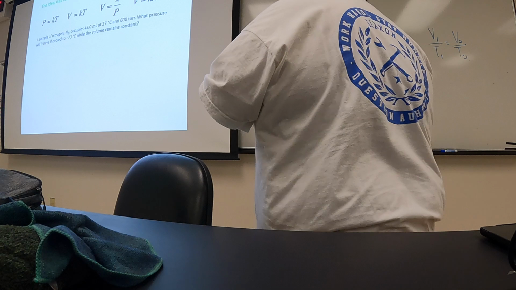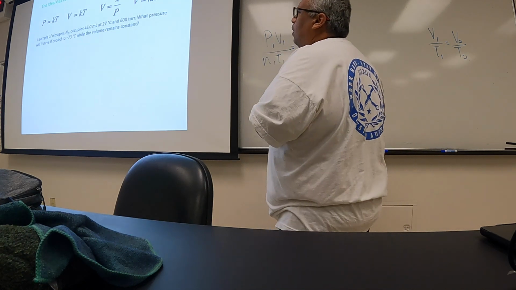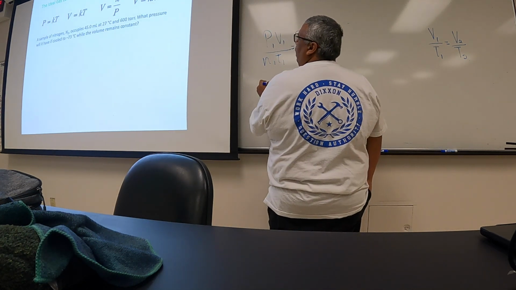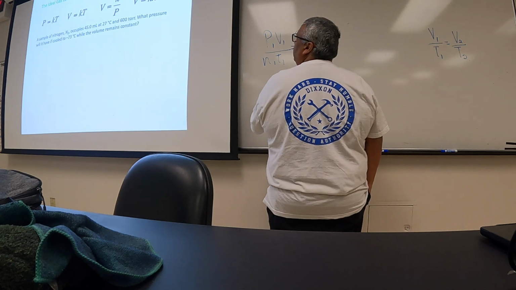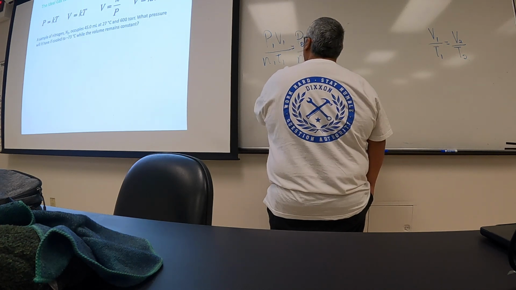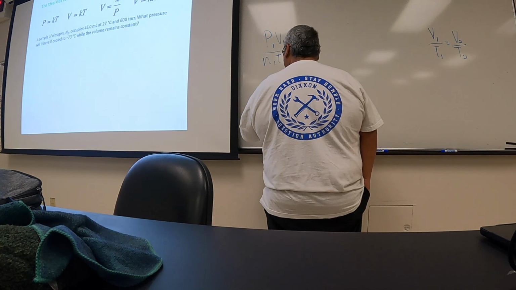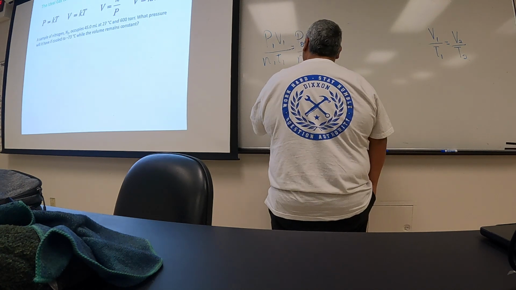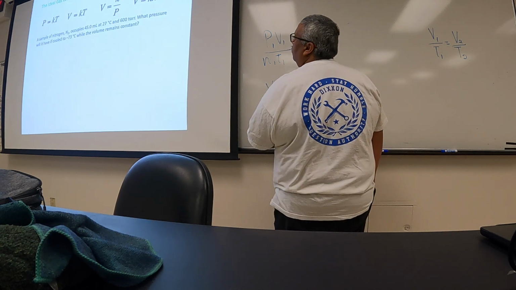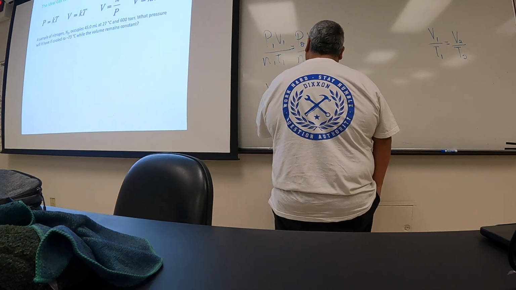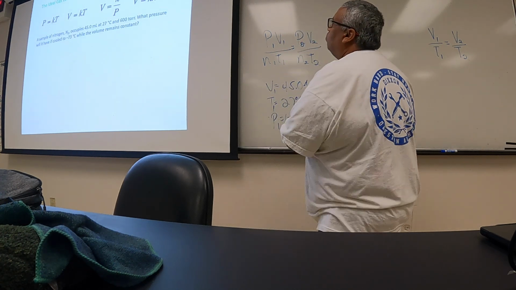A sample of nitrogen occupies, so here, because it occupies it, my initial volume is 45.0 milliliters. It is at 27 degrees Celsius, and my pressure is 600 torr.